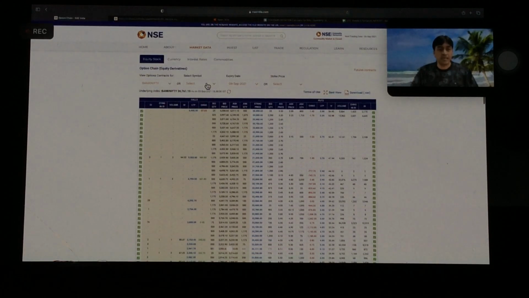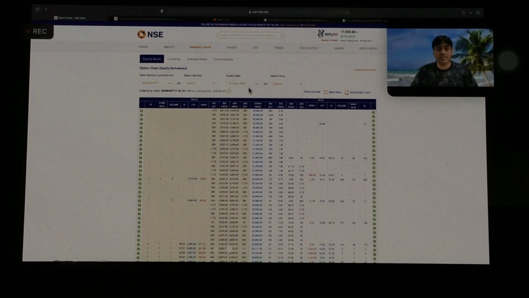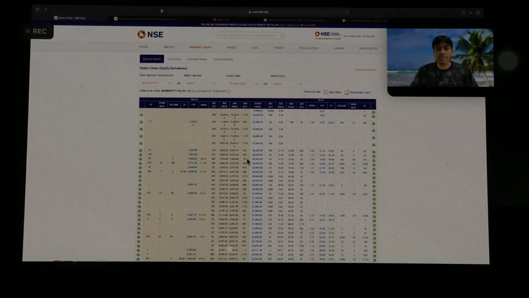We can change the expiry from here. So 9th September is the weekly expiry, since it is the Bank Nifty index, we get weekly expiries also. 16th September, this data will change. If I change to 23 September, this data will change. And if I change to 30th September, again this data will change.